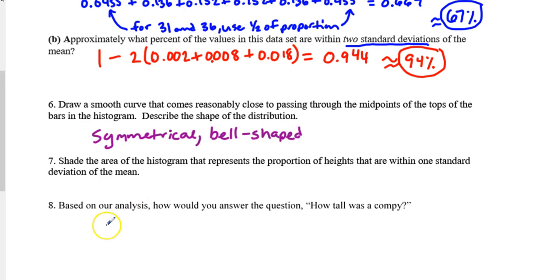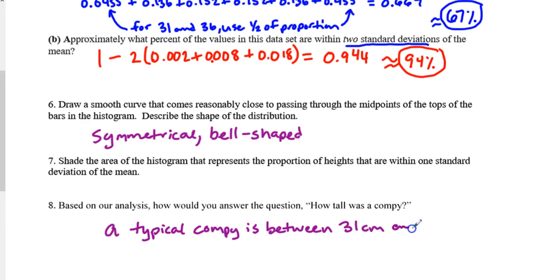What you could say is simply, a typical compy is between 31 and 36 inches. And I think I had said inches, it's actually centimeters.